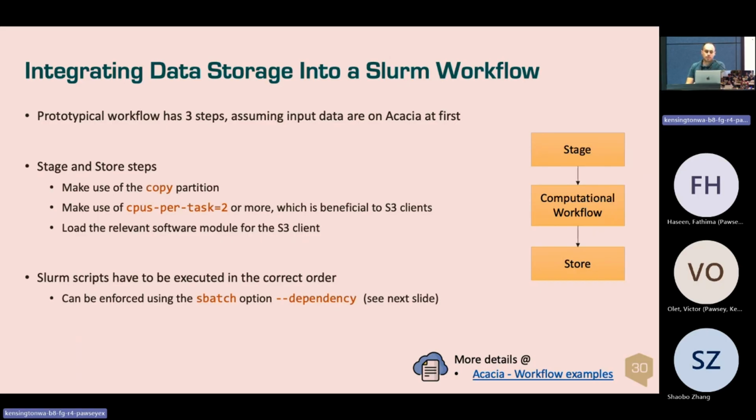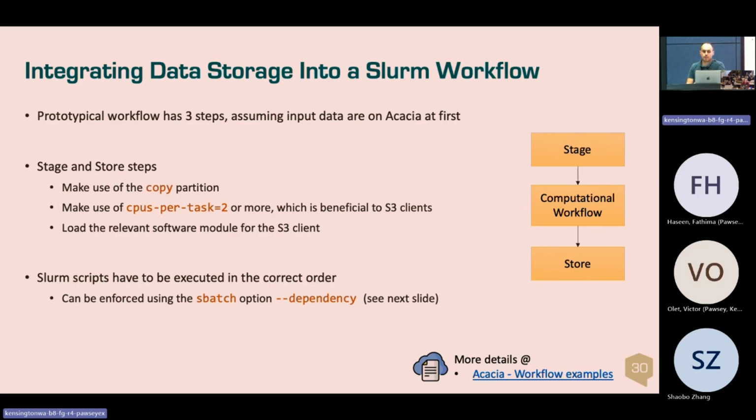Once you have these jobs, you can set if they need to be executed before your actual computation, because you need to have the data on the file system, for instance, before running the computation. You can specify a set of dependencies between jobs such that your computation won't start until the download job has finished. So you have to wait for the download to be completed before starting the actual job.